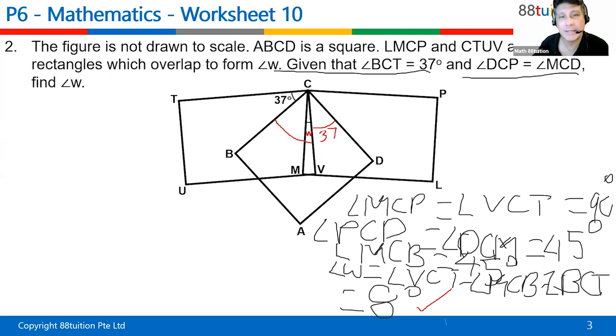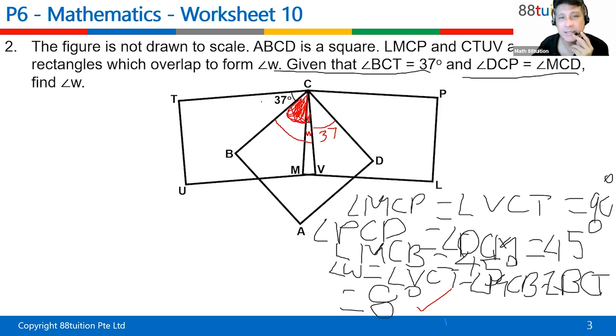Okay. And why is this 37? Because the square overlaps the rectangle on the left. So the part that is overlap for the square and the rectangle is actually this part. Because this part is overlap, and then you know the corner of the square and the corner of the rectangle both are 90 degrees.